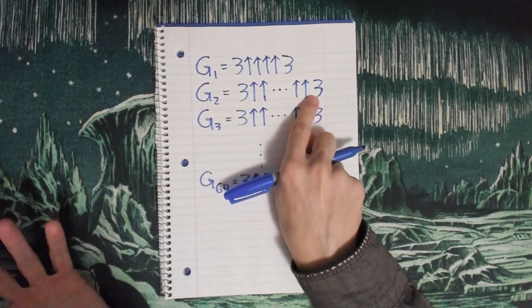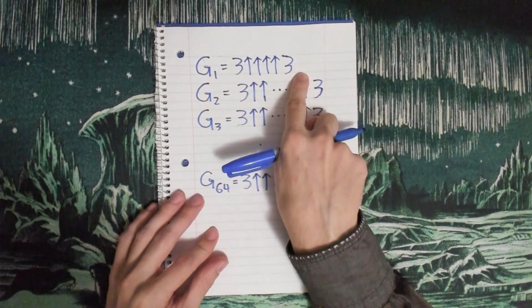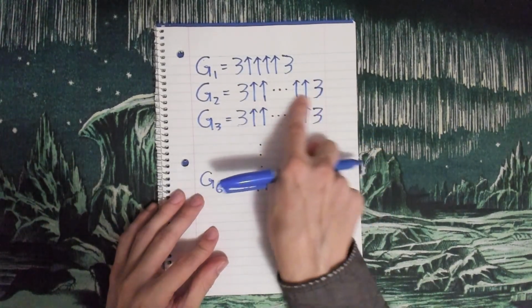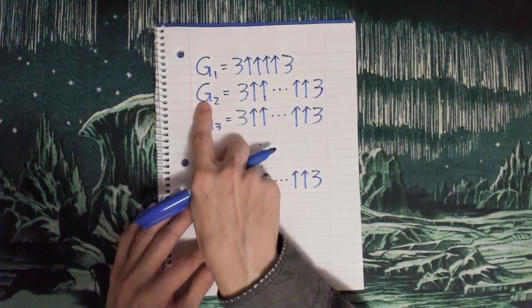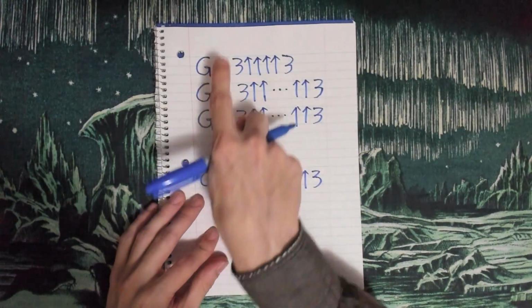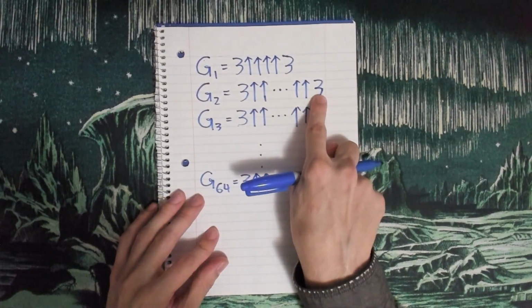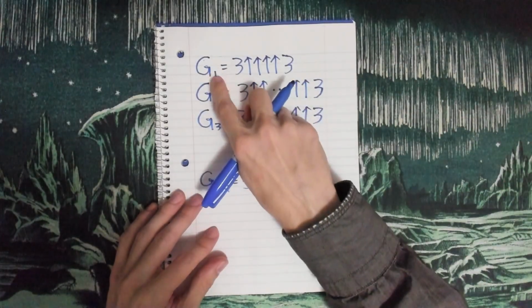Well, what's the biggest number we've thought of so far? It was G1, that extra gargantuan number. So let's put in G1 number of arrows between the two 3s. Now G2 is a completely different kind of number from G1. Even writing down all these arrows, you'd have to write down G1 arrows.